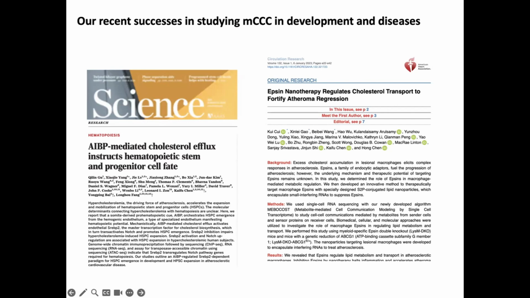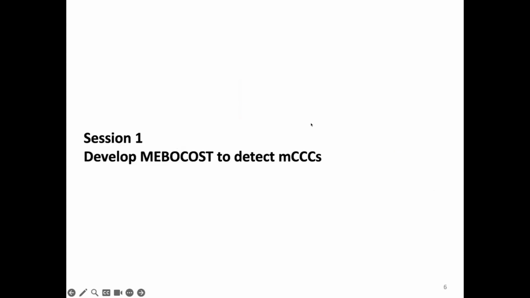Meanwhile, our recent work also revealed the important role for some metabolite-mediated communications. For example, we found that cholesterol actually mediates an important signal for hematopoietic stem cell differentiation. Our other collaborators, such as the lab of Dr. Chen, are also investigating metabolite-mediated cell communications in disease, such as atherosclerosis.